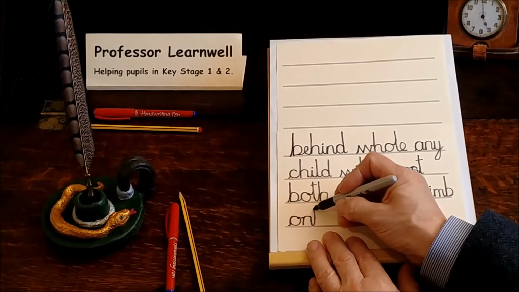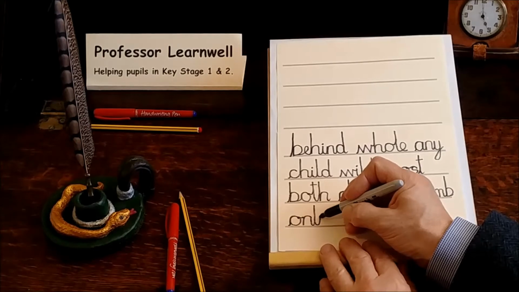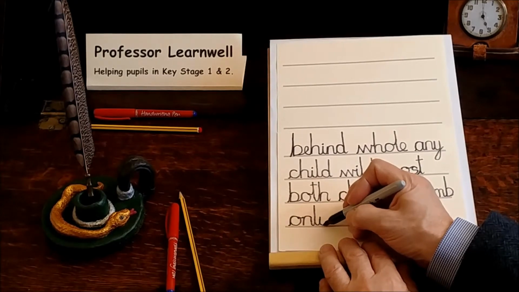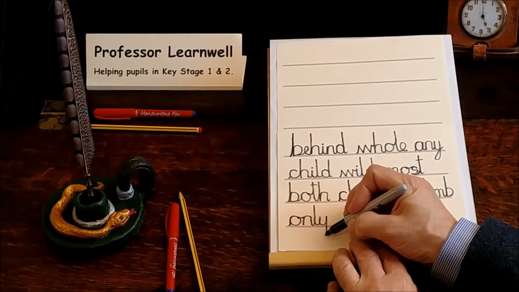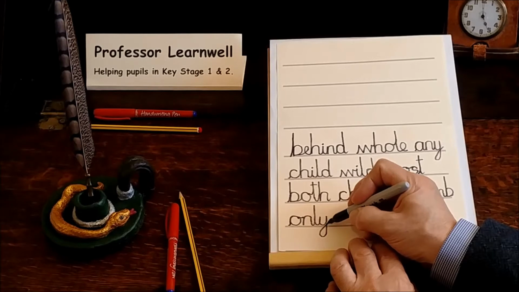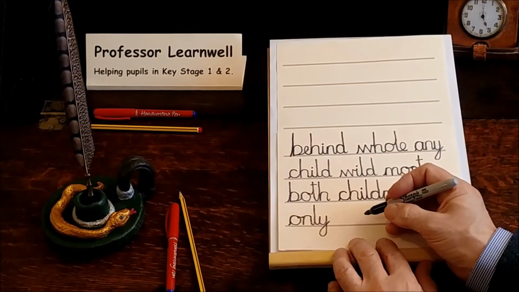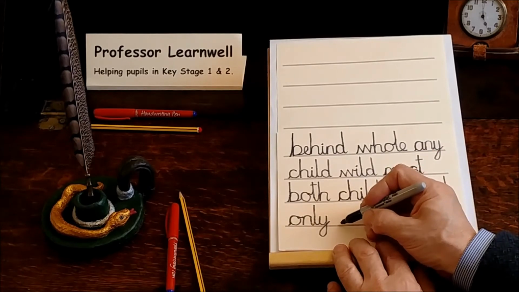The letter L nearly goes to the top, back down very neatly on ourselves, and now it's the letter Y. Down below the line, curve or loop to the left, and then cross over diagonally here and lift. Nothing to dot or cross. Next word is the word many.